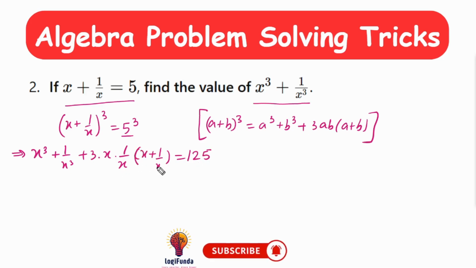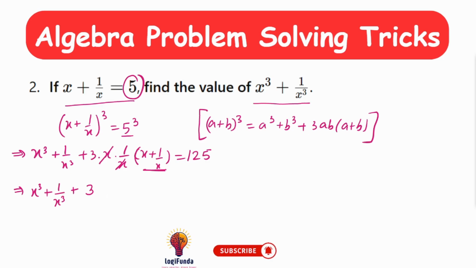Okay, now tell me, what is the value of x plus 1 by x, which is 5. So we'll put this value here, okay. So further we will solve this equation: x cube plus 1 by x cube plus, x and 1 by x cancel, so 3, and in bracket we'll put 5, and on right hand side we have 125.